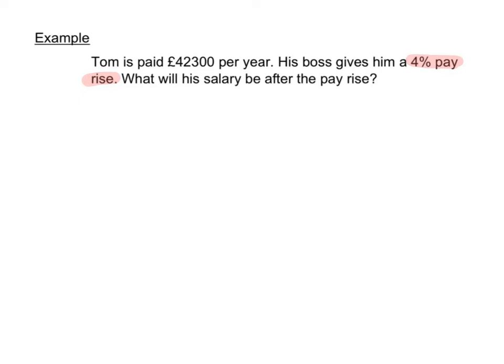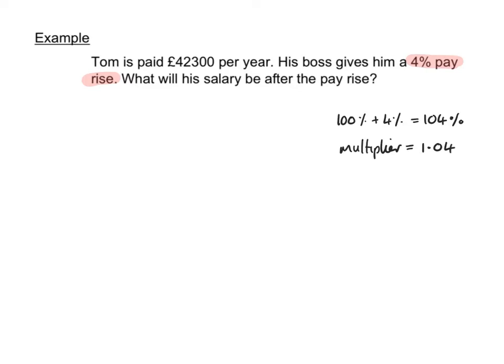So we're starting off with 100% of his salary, and we're adding on 4% to that. That's going to give us 104%. So I'm looking for 104% of his old salary, and the multiplier for that will be 1.04, in other words, 104 divided by 100.